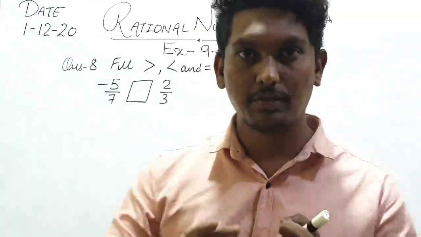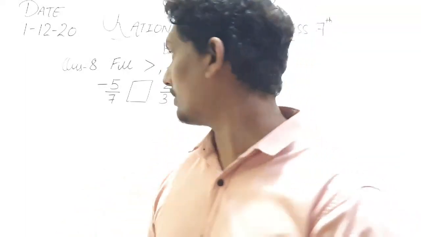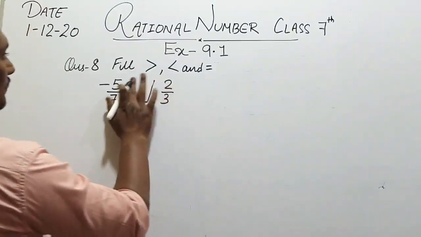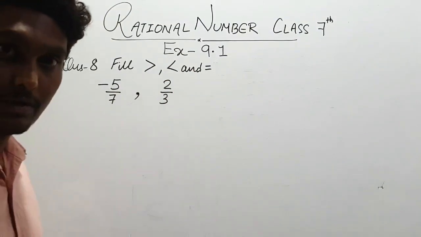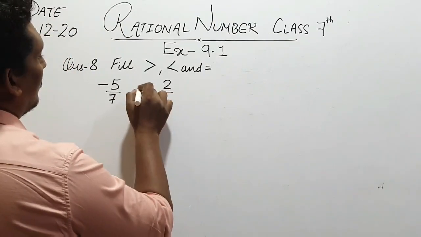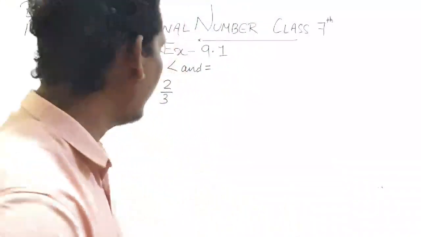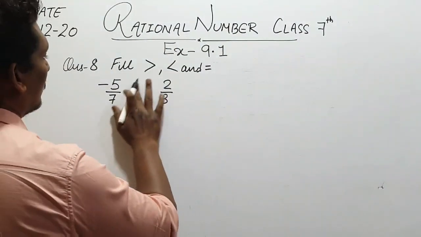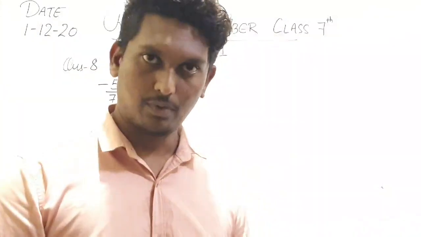This type of box is given to you, or a comma is given to you, or a plus sign is given to you, or a minus sign, right?